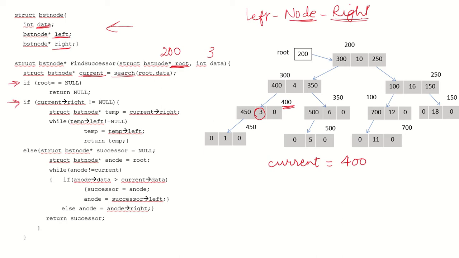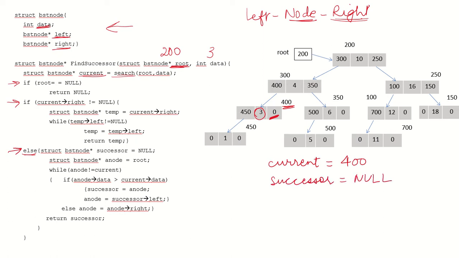If current arrow right is not equal to null, that means we are trying to find whether there is a right subtree or not, but we find that there is no right subtree. Current arrow right is actually null. So we come to this statement over here and we go with the else environment. So the successor over here will again be made null.